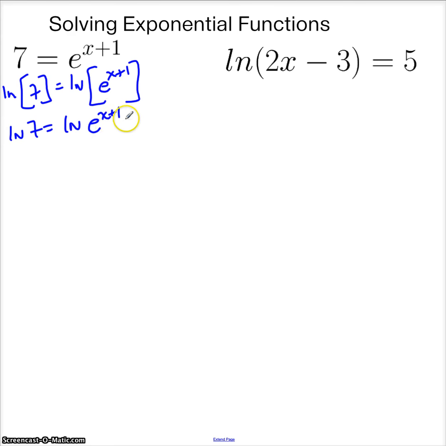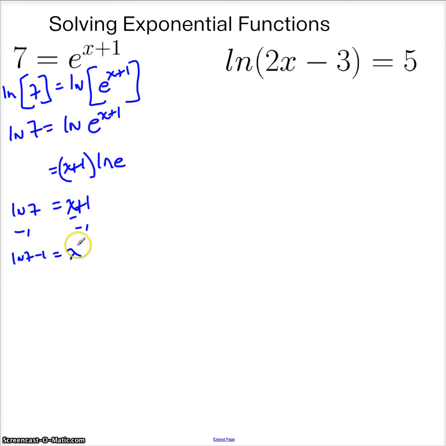Now, I can rearrange this as x plus 1 times the natural log of e, which is just 1, so I get the natural log of 7 is equal to x plus 1. To solve this for x, I subtract 1 from both sides, so the natural log of 7 minus 1 is equal to x.